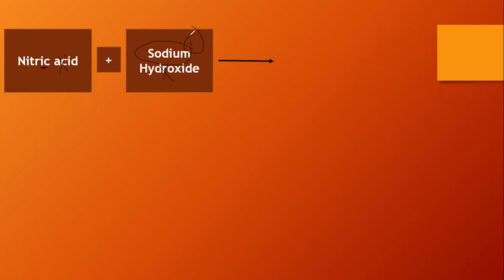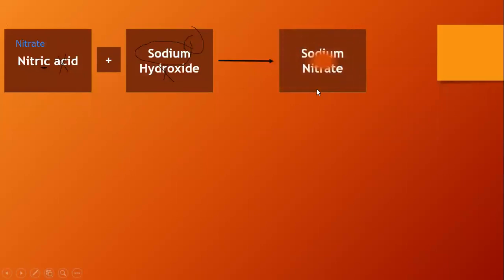What is the name that I'm going to take from the acid? The nitrate. So nitric acid plus sodium hydroxide will give me, if we use this way, sodium nitrate. Let's see if the answer is correct. Wow, sodium nitrate and water, of course.